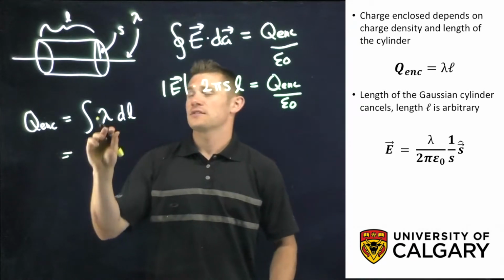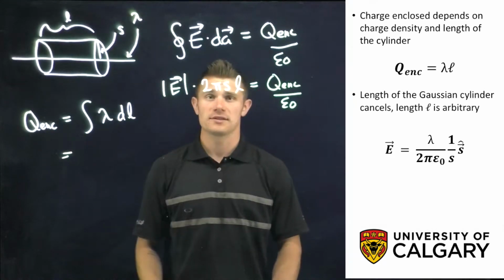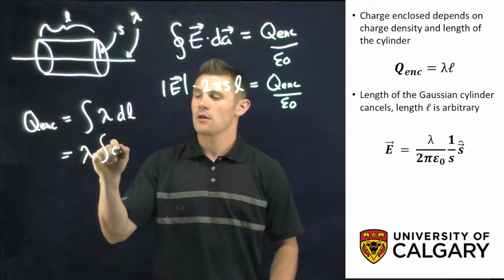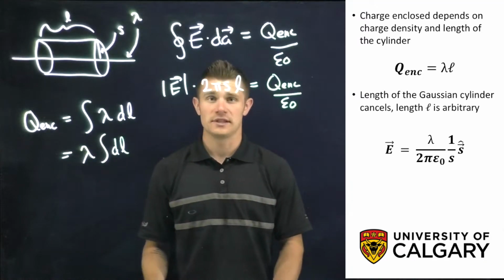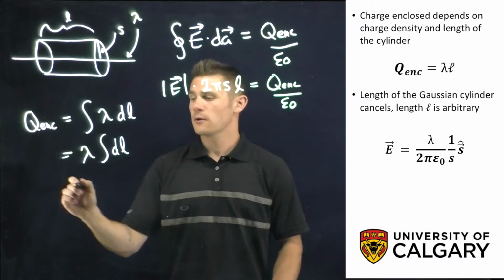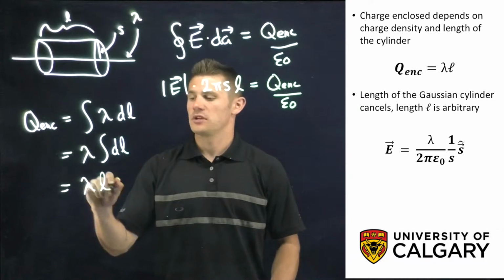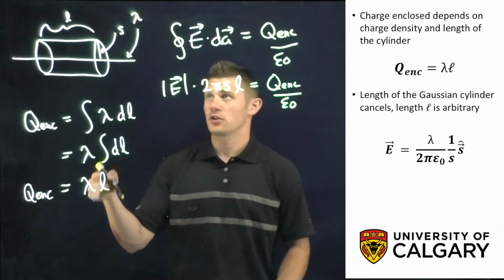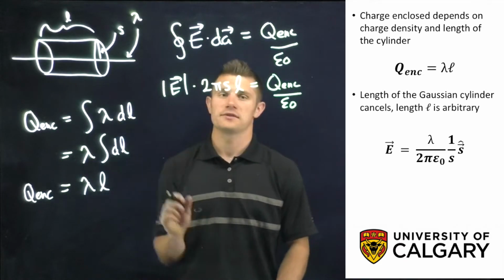So we have said at the beginning of the video that our charge density is uniform, so we can pull lambda out of the integral, and then we just have the integral of dl. And if we integrate along the entire length of this Gaussian cylinder, the integral is just going to be L. So our enclosed charge is going to be lambda, the charge density, times the length of the Gaussian cylinder.